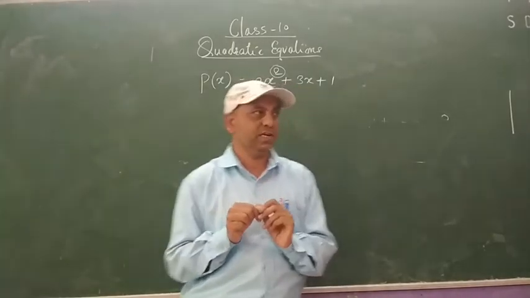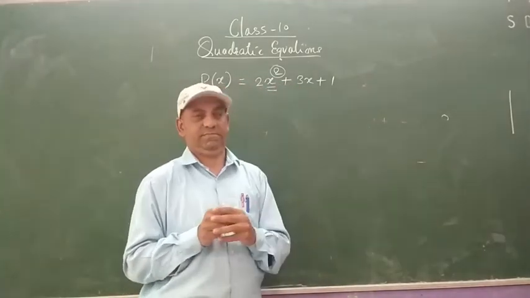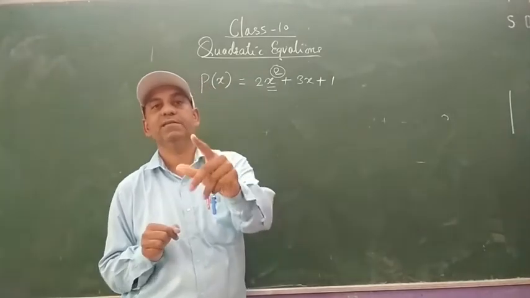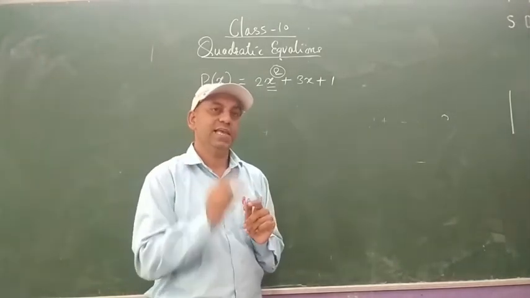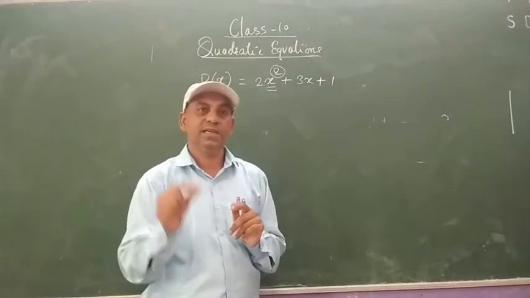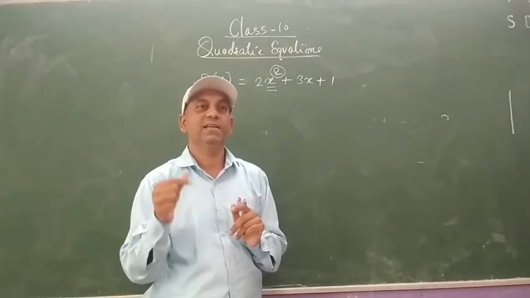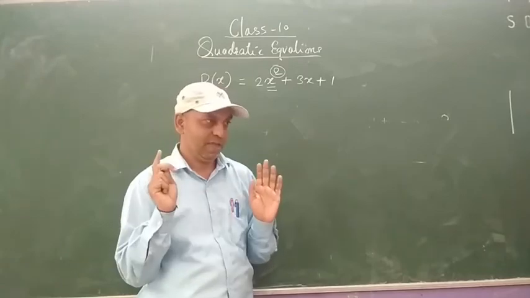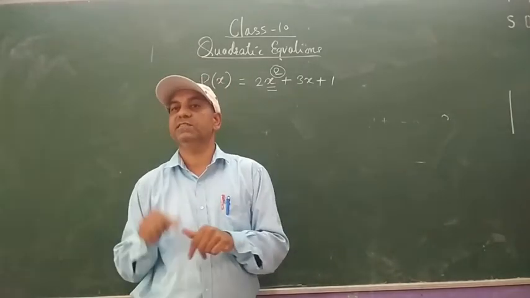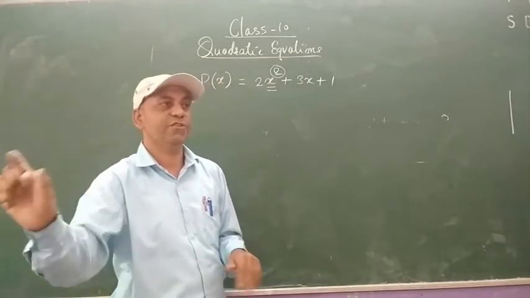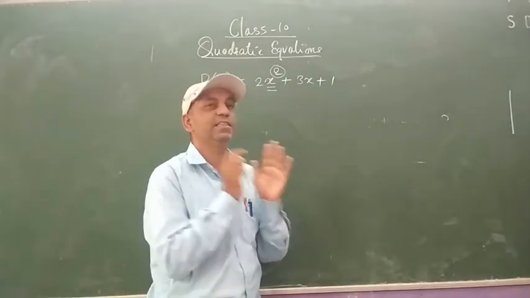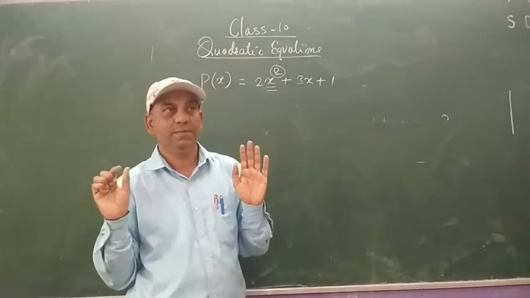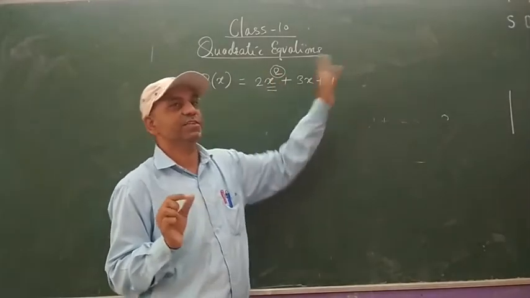If this floor has length 1 more than breadth, meaning the length of this floor is greater than the breadth by 1, and the area of this floor is, suppose, 4 meters square, can you represent this in the form of an equation? It is a quadratic equation.